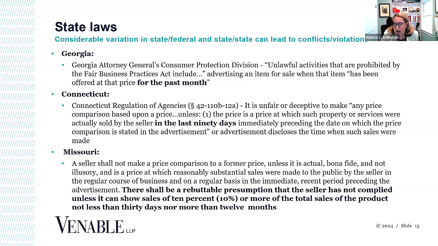So they look at substantial sales, actual sales, but they provide a rebuttable presumption, unless you can show sales of 10% or more, not less than 30 days before the sale or more than 12 months before. So it's a rebuttable presumption, but it's very specific.